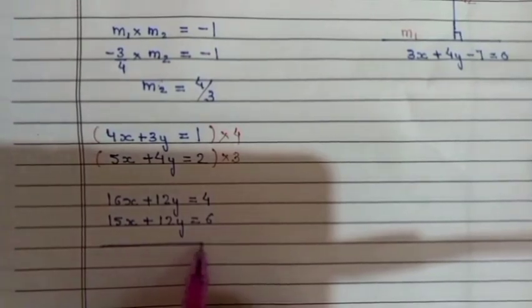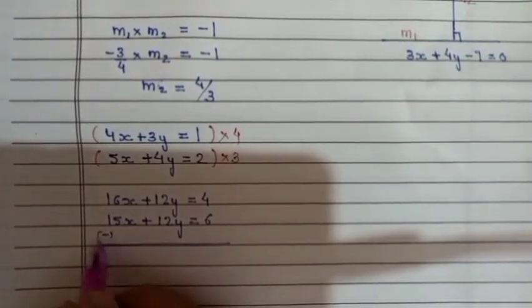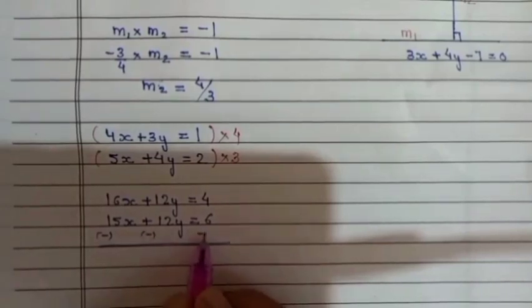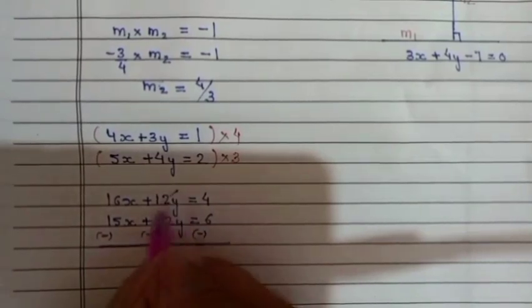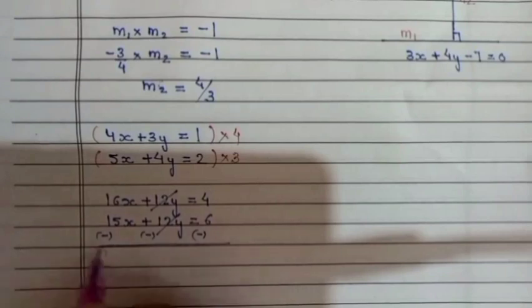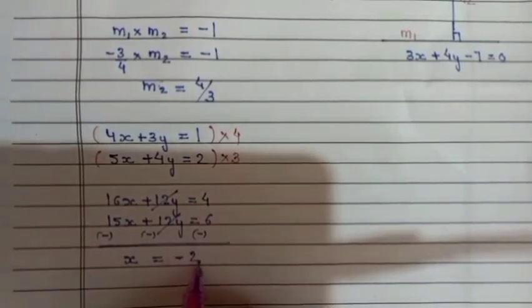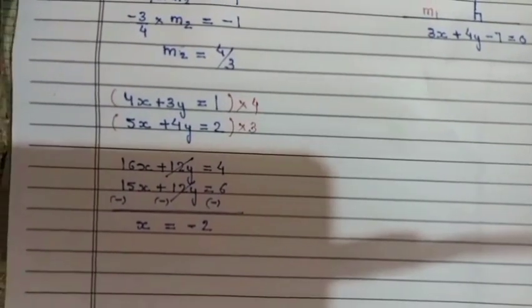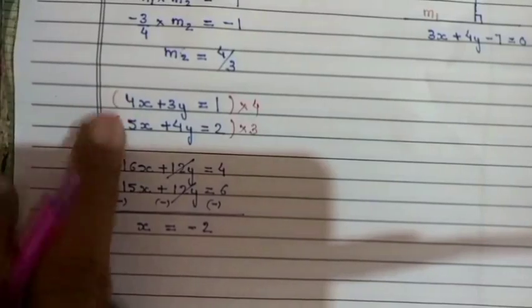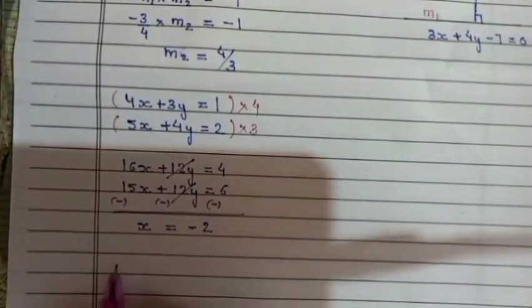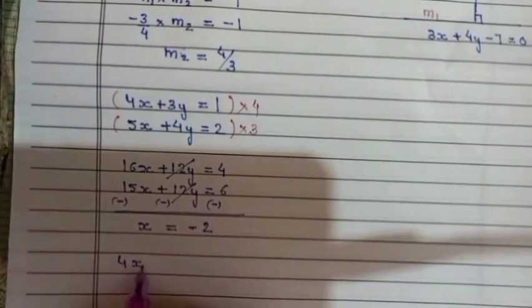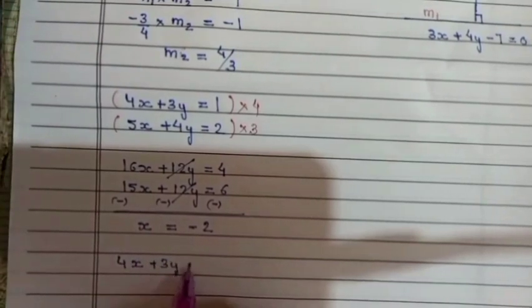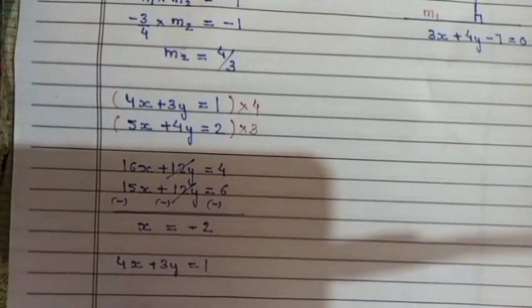Now we will subtract, so the sign of the second equation will change. So here y will be eliminated. You will get x is equal to -2. Now substituting this value of x in either equation 1 or 2, in any of these two equations, you will get the value for y. So it's 4x plus 3y is equal to 1.